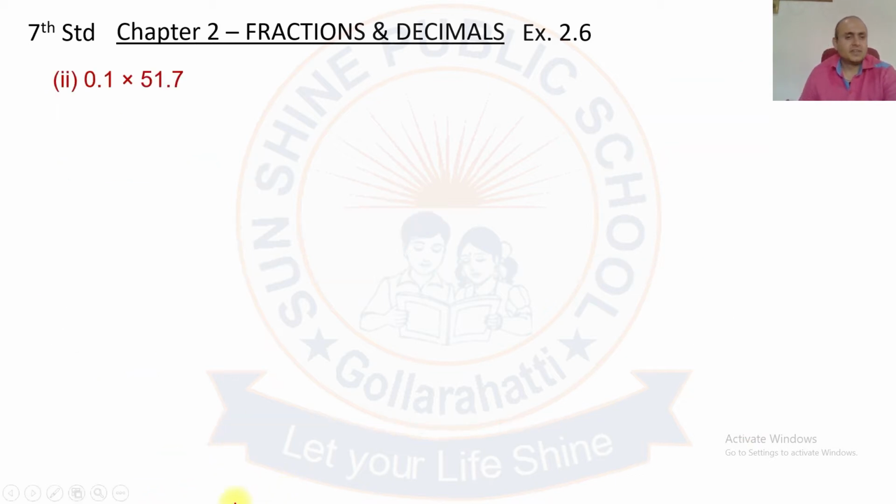Next question is 0.1 into 51.7. When you multiply 1 into 517, the answer is 517 itself. But here in the question, we have one decimal point on one side and another decimal point on the other side. Therefore, totally we have two decimal points. We have to place the decimal point before 2 digits, that is 5.17.